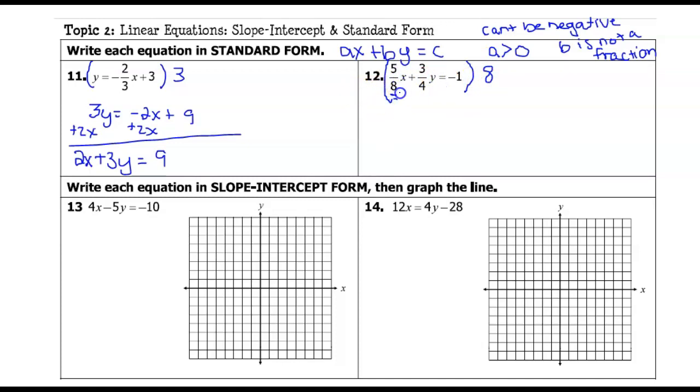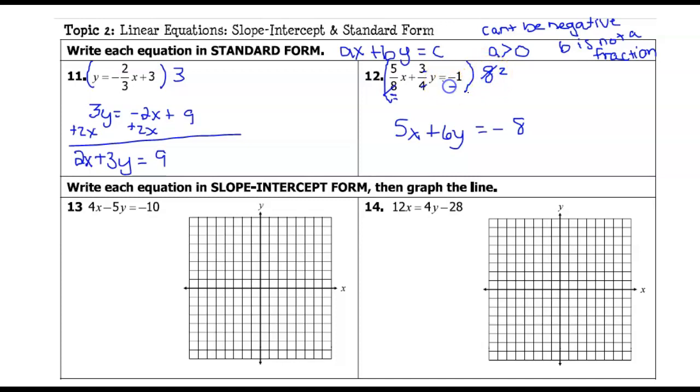And what will happen when I do that is I'll end up with a 5x because the 8's will cancel here. And then over here, I'll end up with, now be careful, the 4 cancels out because it divides into the 8. However, the 8 turns into a 2, so I got to take 3 times 2. So this will be plus 6y, and that equals -8, right?